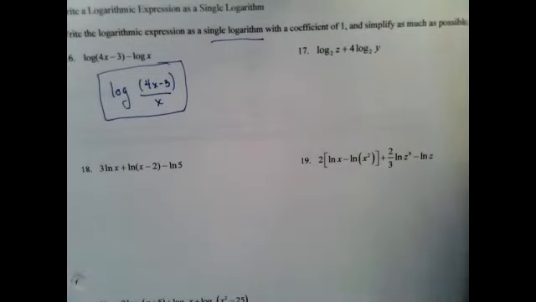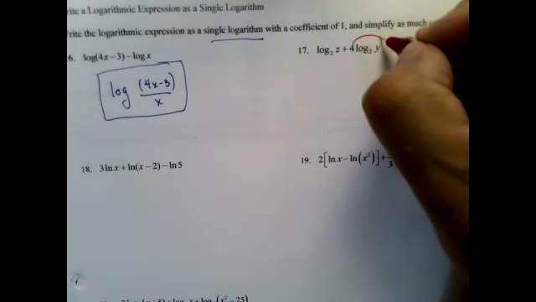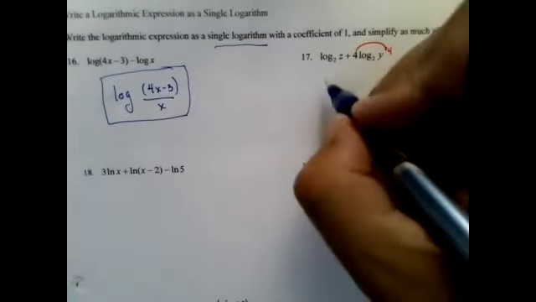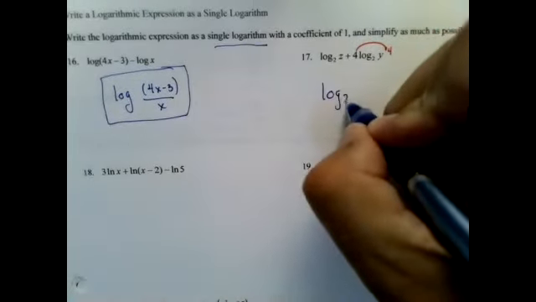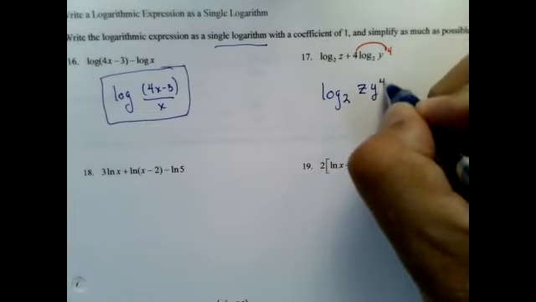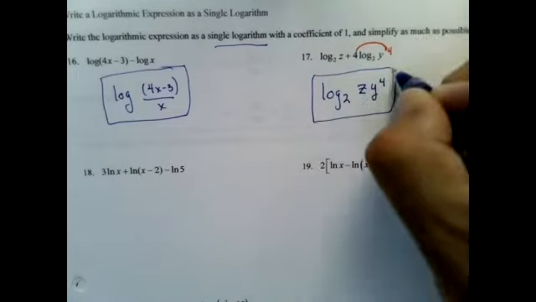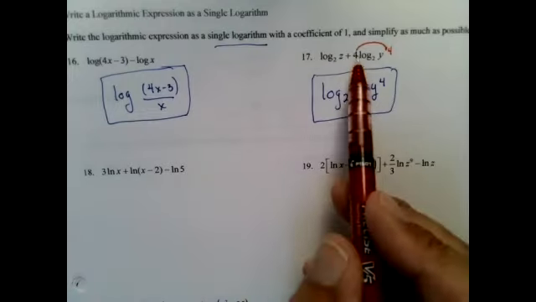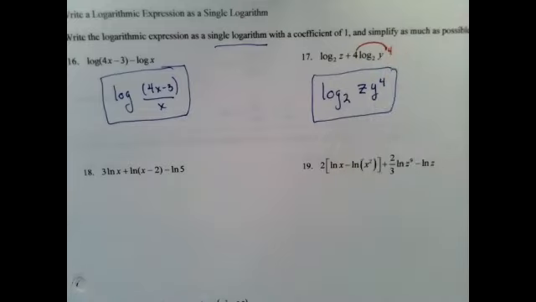Before I start, I can bring that up to here. Now it's a plus log base 2 of z, y to the 4th. That's not so bad. This is a plus, so I have z and y to the 4th.